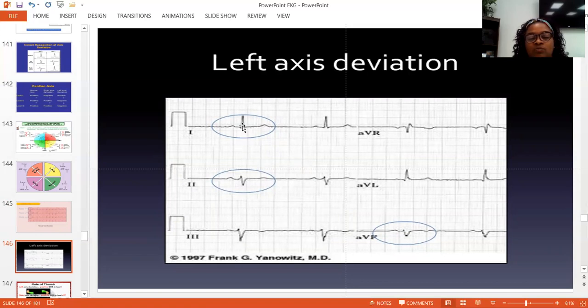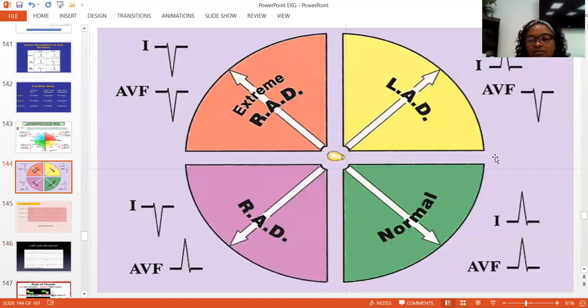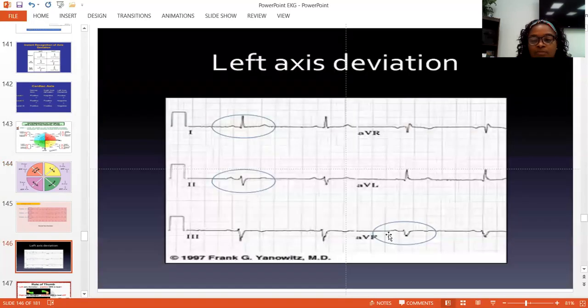We see here lead 1 is positive, and then if we come down here in AVF, we see it's negative. And what did we say? If lead 1 is positive and AVF is negative, that's where our axis is going to fall, in that right upper.